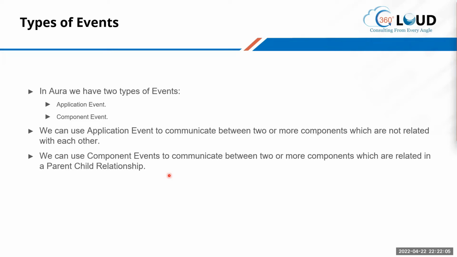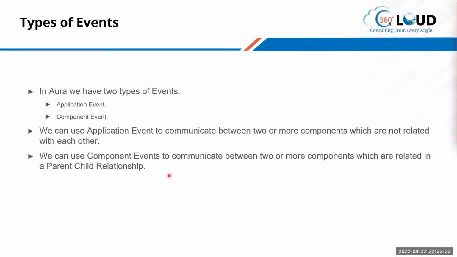Suppose you are having a payment component, like you are processing, let's say, credit card data with the help of LWC or Aura. Sorry, application event and component event are not there in LWC. My bad. So you are processing a credit card with the help of Aura, and you have created very modular code. You are having 2, 3 different types of components over there, and you want to communicate between them.